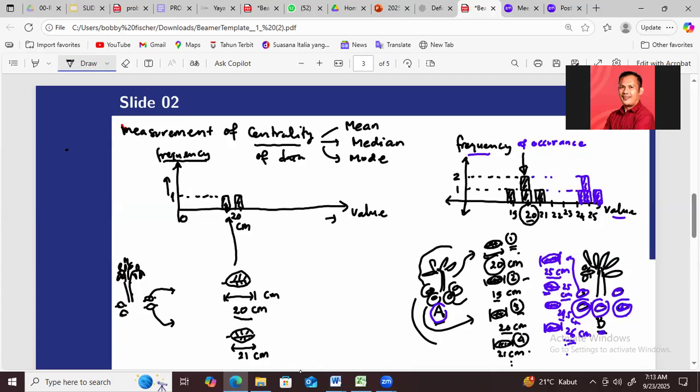Okay, and the second tree, this one here, the average value, the center of the data, is about 25 centimeter. Okay. So statistically speaking, when you have a frequency of occurrence graph or picture, then you have a sense of the centrality of the data.